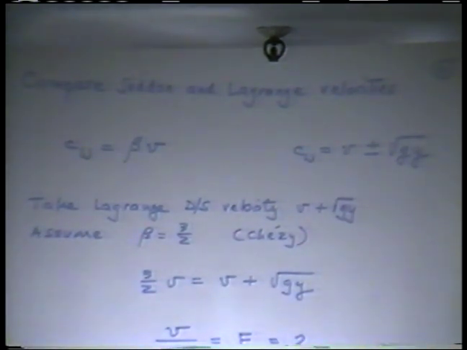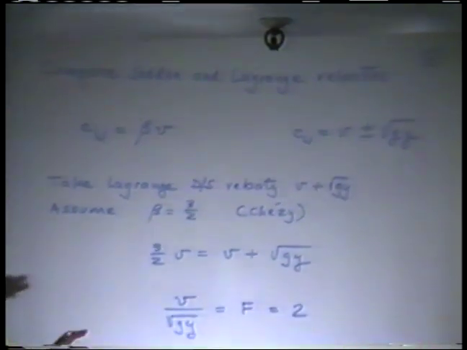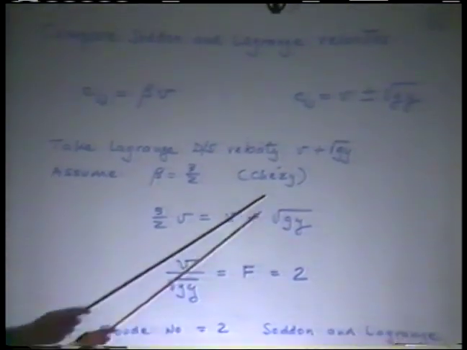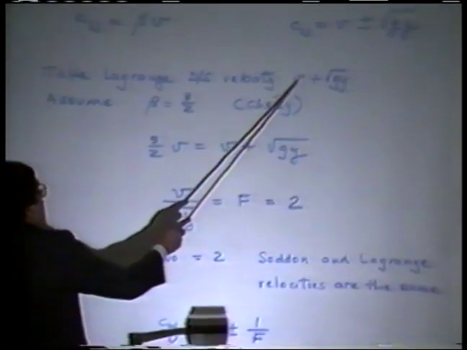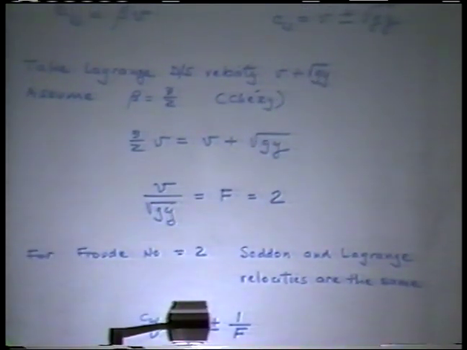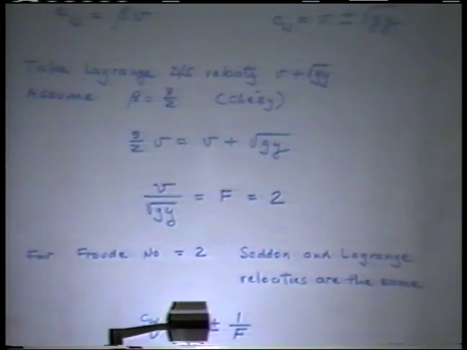In order to compare this velocity, we can only compare the downstream component of the Lagrange velocity, because we already said that there is no flood wave moving downstream. So we're going to take the downstream component of the Lagrange velocity, which is v plus square root of gy. Okay? And let's assume here, for purposes of illustration, in order to make a point which I will make later on, that we're shifting from Manning to Chezy here in the way we calculate the beta coefficient.